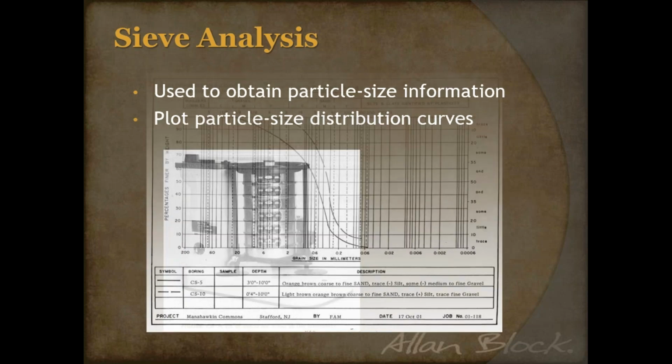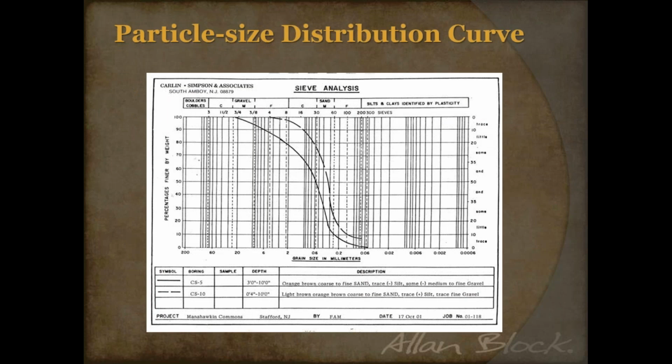This is sieve analysis results where you've got across the top the size of those particles. You have boulders on the left-hand side moving over to the gravel. You have coarse, medium, and fine with that sieve analysis. Then you have sand, coarse, medium, and fine. You can see the coarse starts at number 16 sieve going all the way down to number 100 sieve.